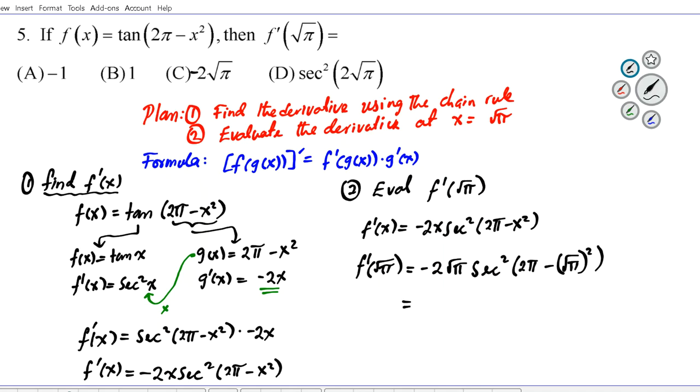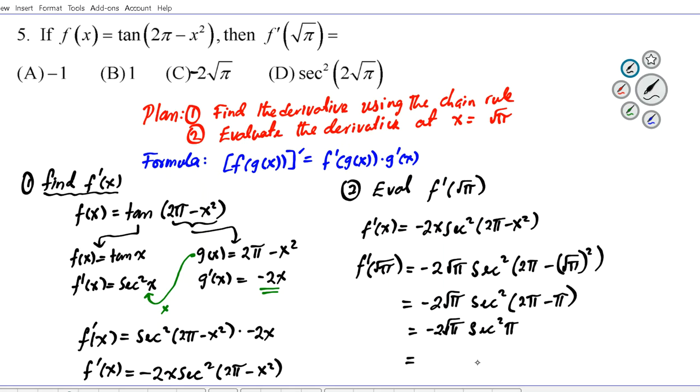Okay, so simplify that. We have negative 2 root pi secant squared of 2 pi minus root pi squared, and root pi squared is just pi, so 2 pi minus pi. So that's going to be negative 2 root pi secant squared pi. If we convert this into a function in terms of sine or cosine, it's easier to evaluate.